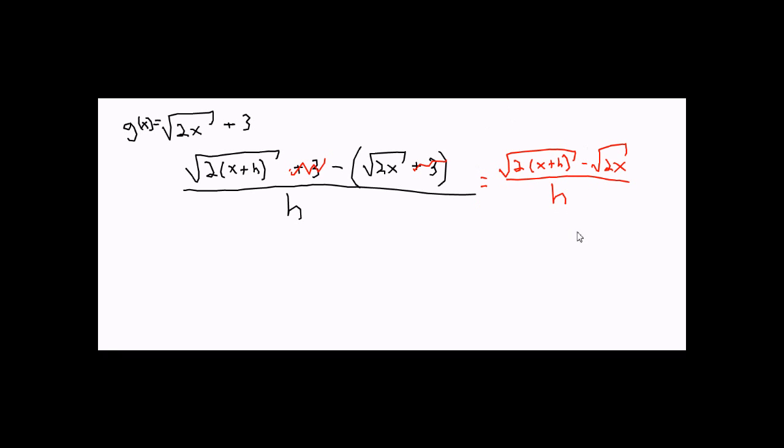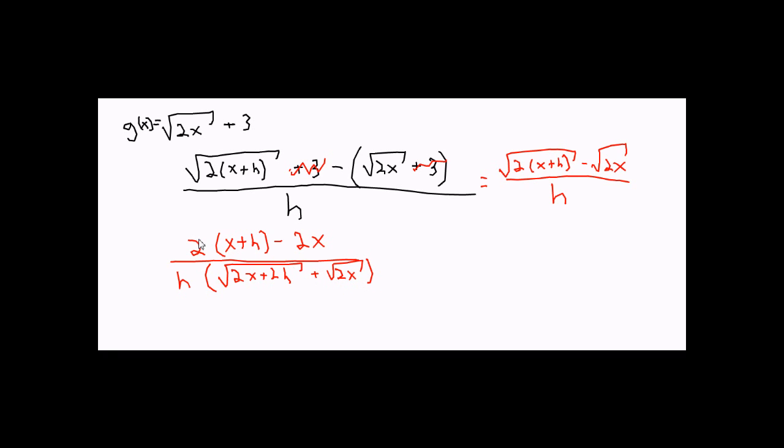And now we're going to multiply that by the conjugate of the top. The conjugate of the top is the square root of 2x plus h plus the square root of 2x. I'm going to run out of room on the camera, but when we multiply through, we're going to get 2x plus h minus 2x over, and the square roots are gone because we multiplied by the conjugate. And on the bottom, we're going to have the square root of 2x plus 2h plus the square root of 2x.